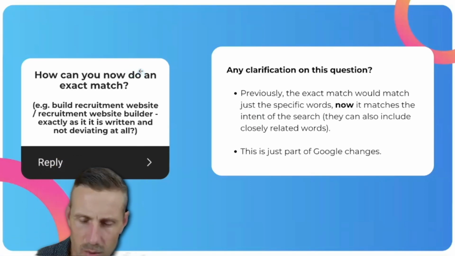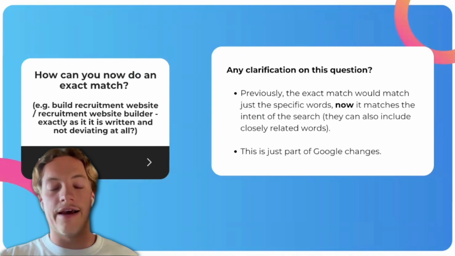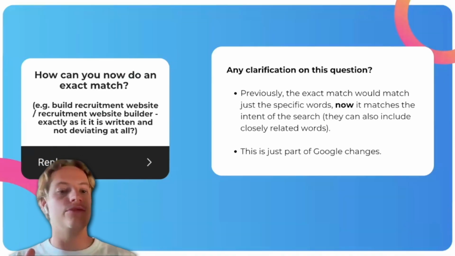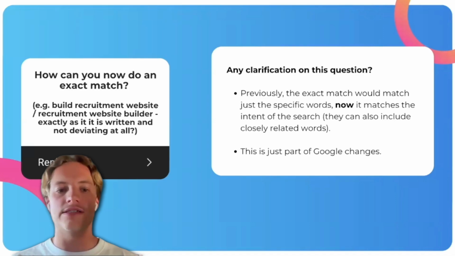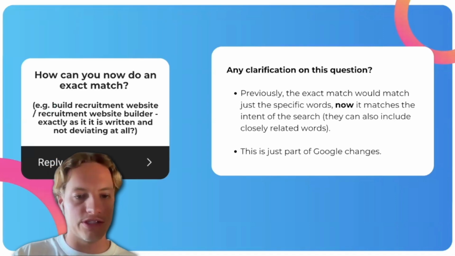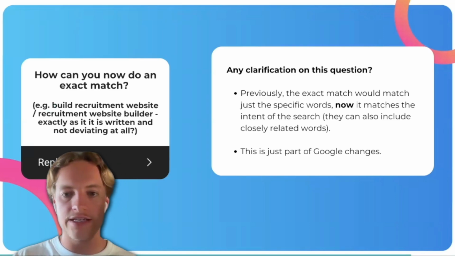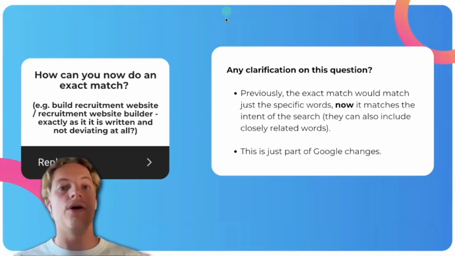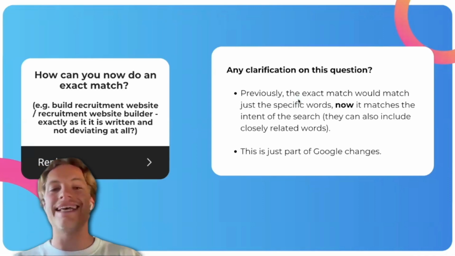This was a question that came through around exact match. I'm not sure I'm answering this one correctly, but the way I took it was, how can you run exact match now? Because I think the question says, as it is written, not deviating. Back in the day, exact match would match the specific words. Anything outside those words were searched, your ad wouldn't come up. But nowadays, I think it's the intent of the search.